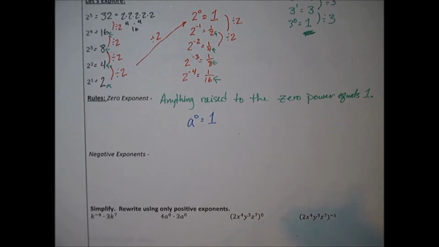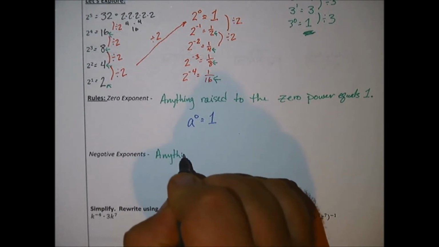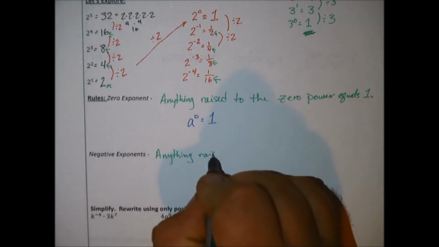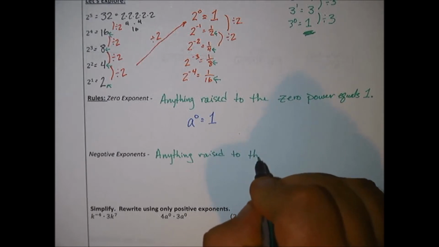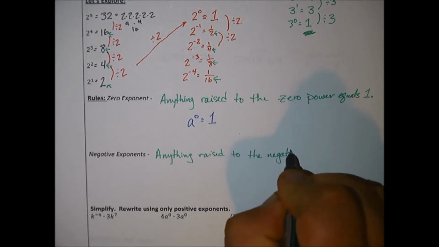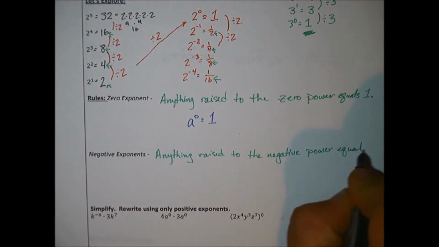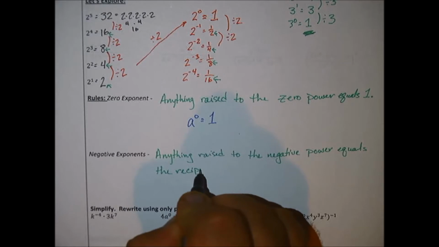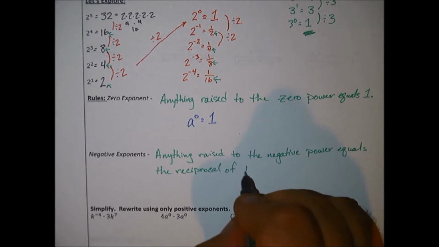And then negative exponents. I did hint at it a little bit, but let's go ahead and write that as a rule. It's one of those things that's hard to say, but really easy to do. Anything raised to the negative power is equal to the reciprocal of the positive power.